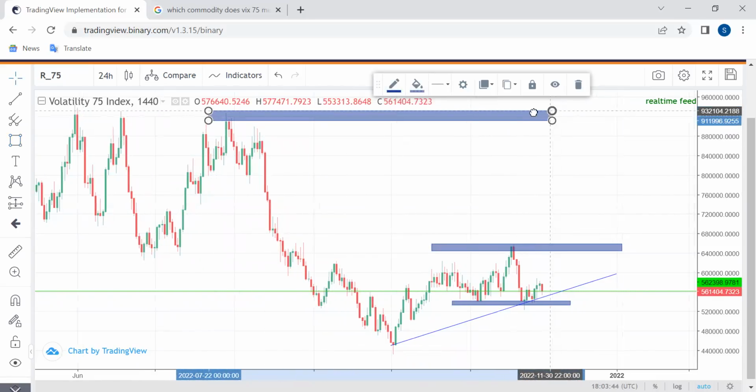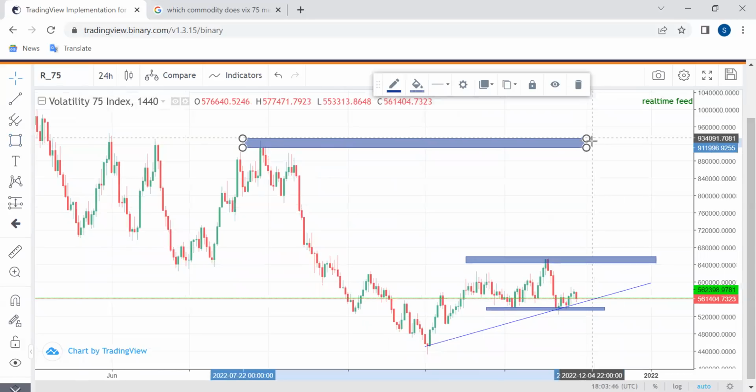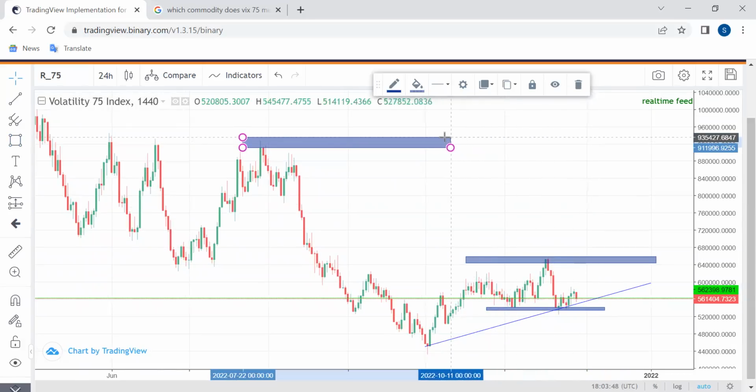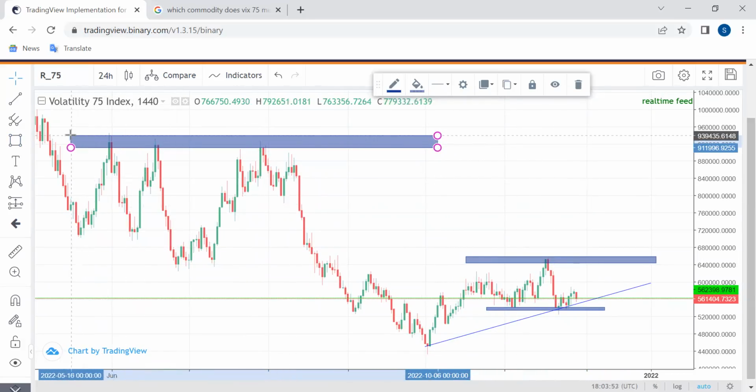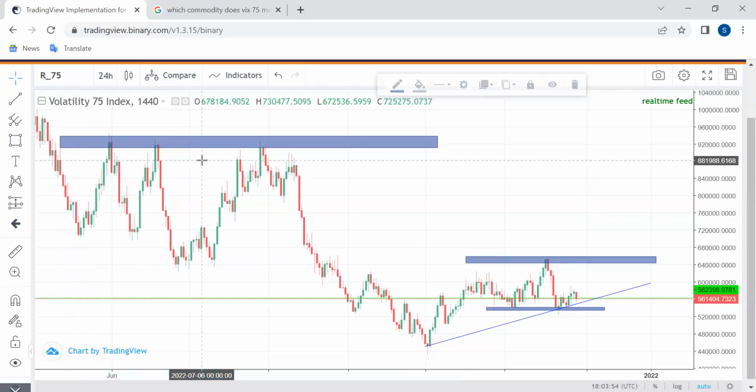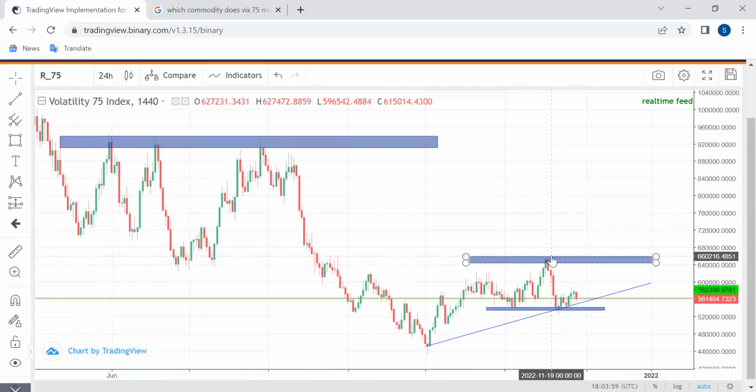Let me just push this further back for you guys to see. That was my older resistance. This is my newest resistance and the newest support. This is the daily time frame.